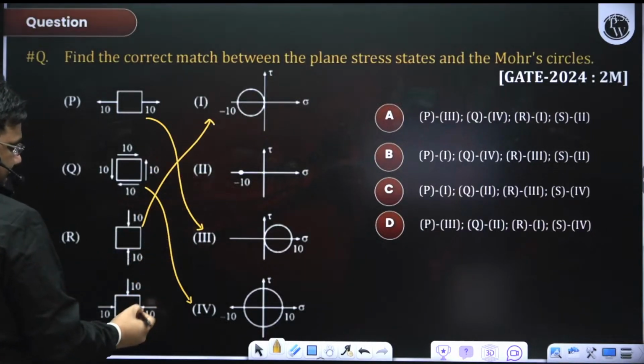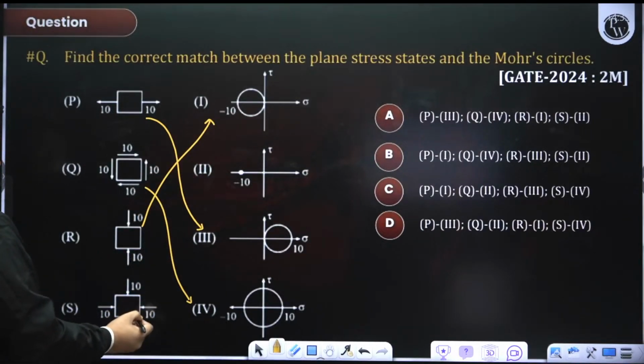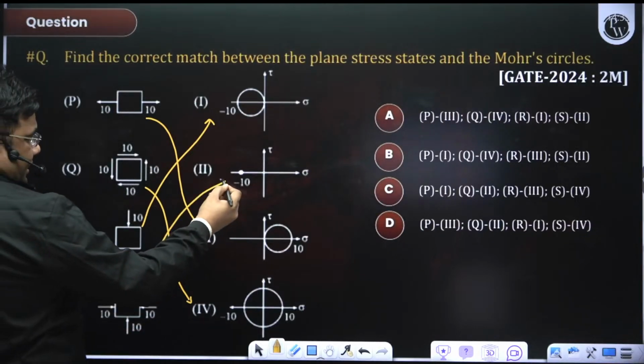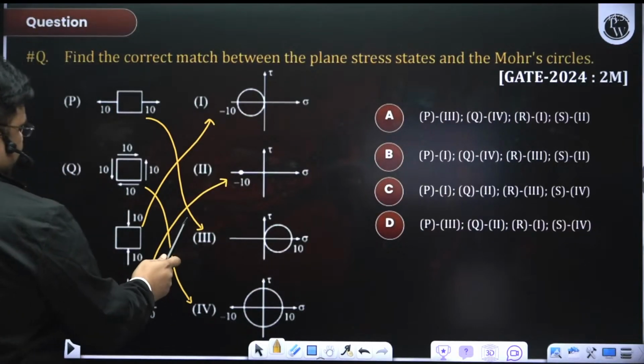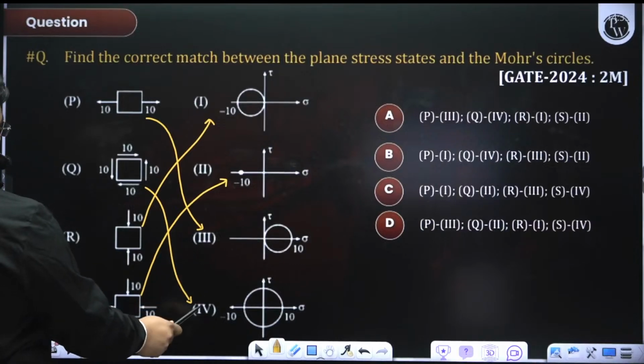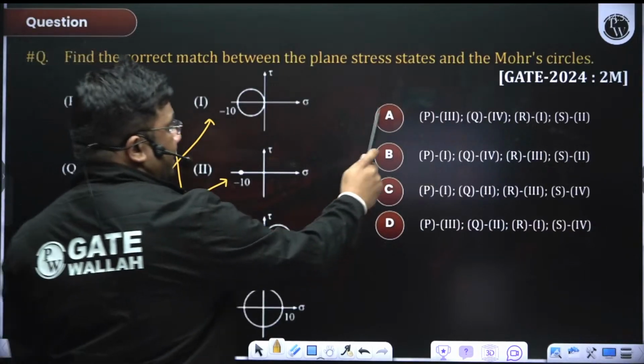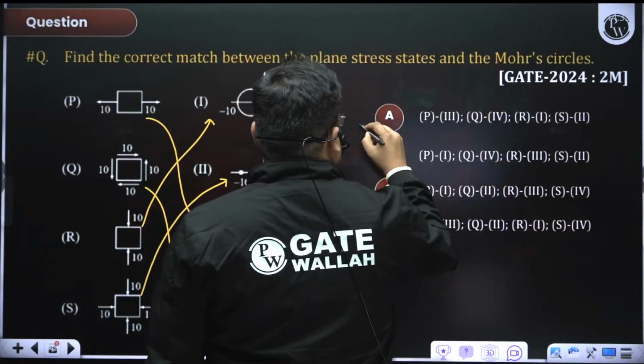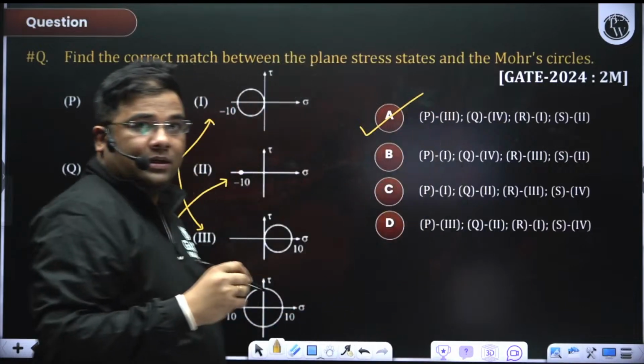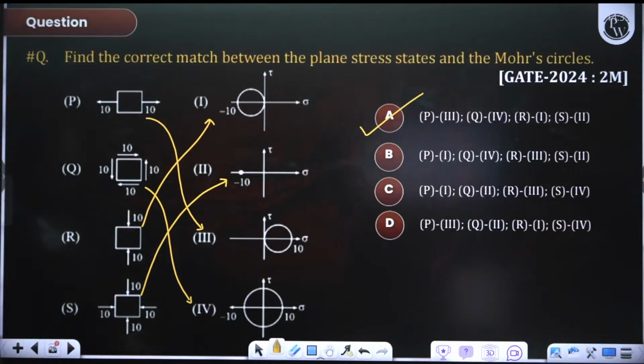And this is hydrostatic with compressive, so there will be a point on the negative side. So it is 3, 4, 1, 2. So the right answer is A. We have discussed this earlier.